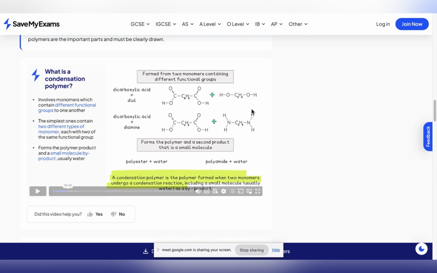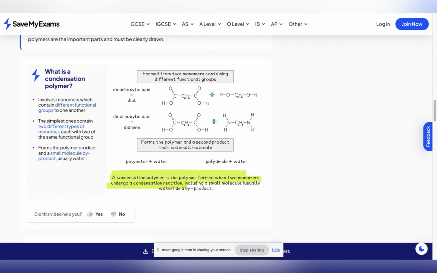We can have a ring, a carbon number 1, 2, 3, 4 for dicarboxylic acid. We can have something like benzoic acid, but we can just have a straight one and we don't have to spend so much time.